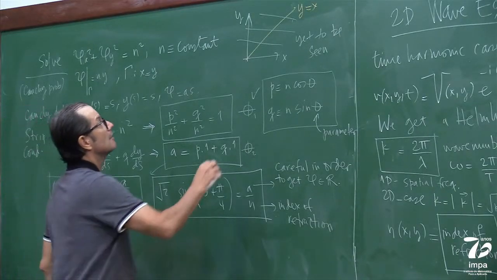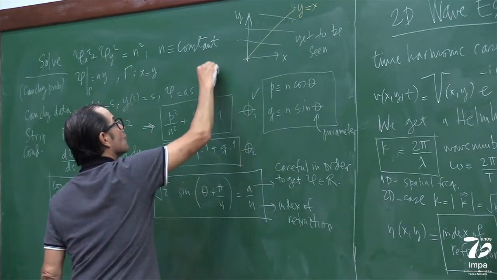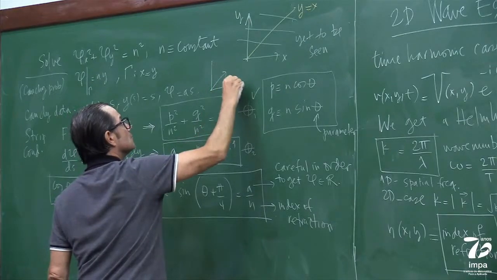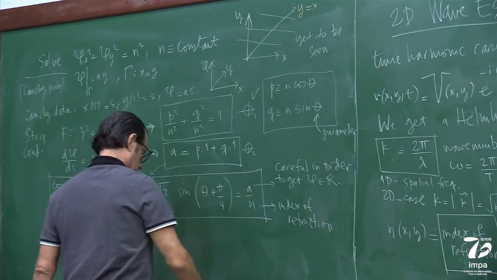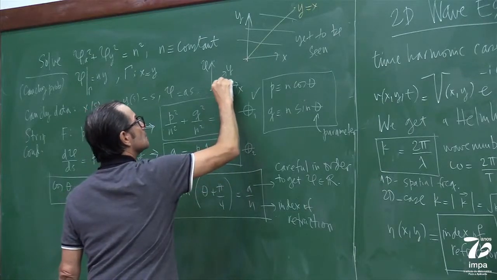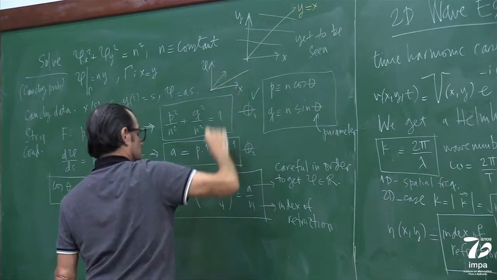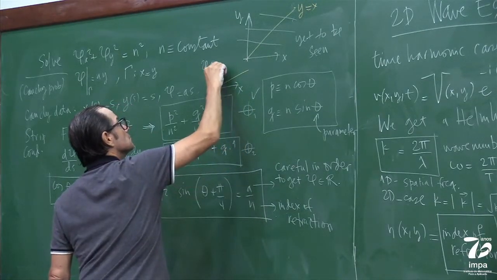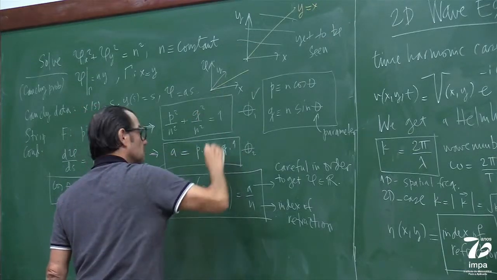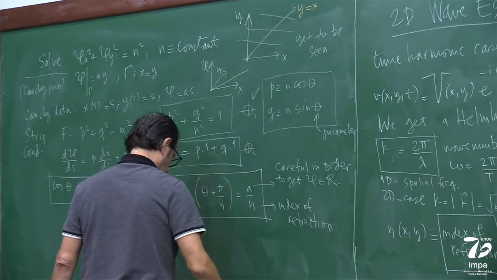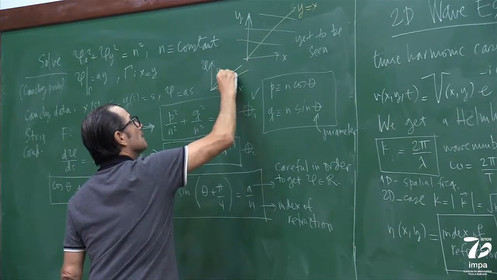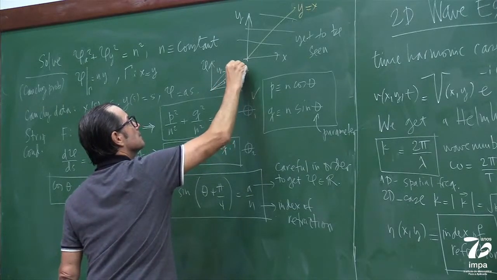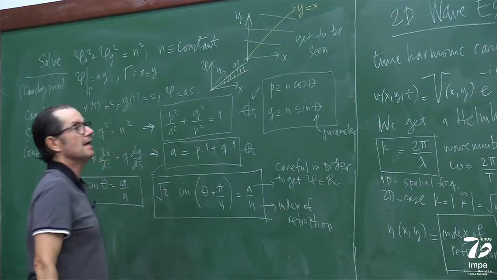But basically, if I were to draw this in 3D, which maybe I should have done, and this is As, right?